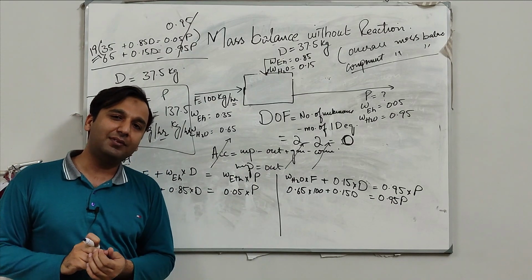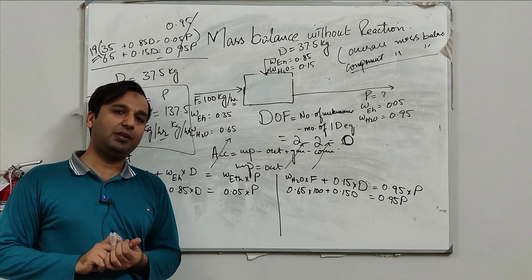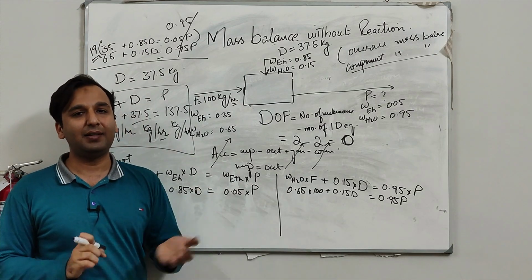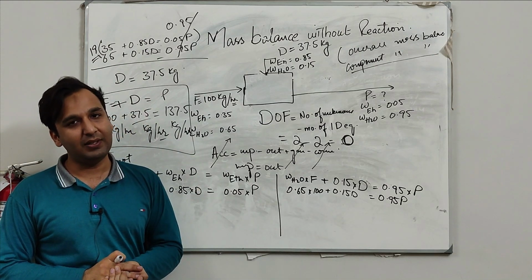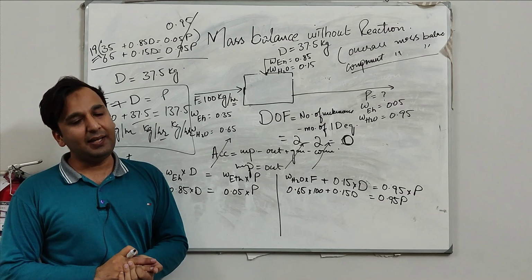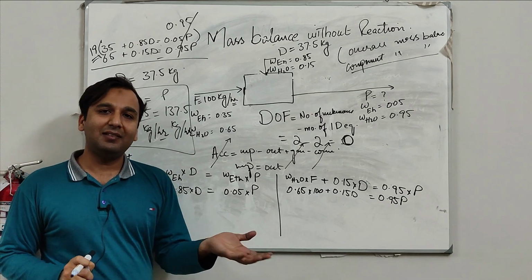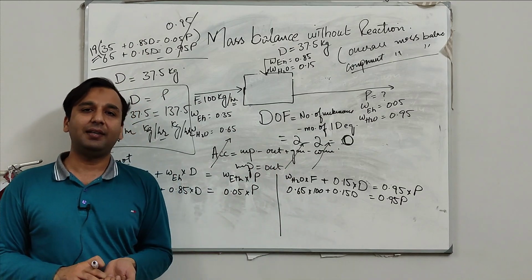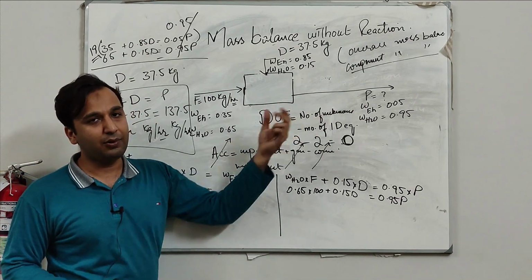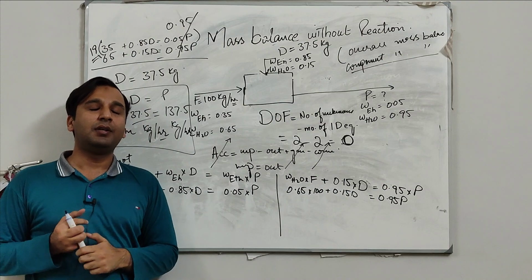So in this video we have seen that if your degree of freedom is not equal to 0, how you can make it equal to 0 and solve a problem. Generally in mass balance you have to make linear equations and then solve these linear equations to find the number of unknowns that are present in your problem.